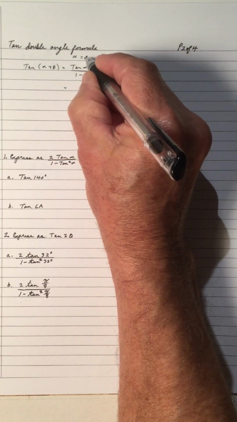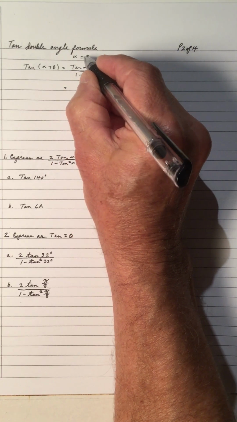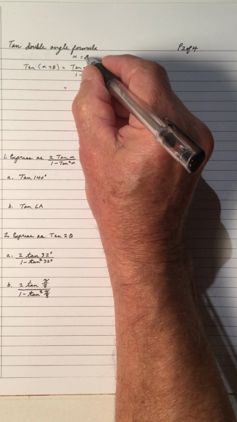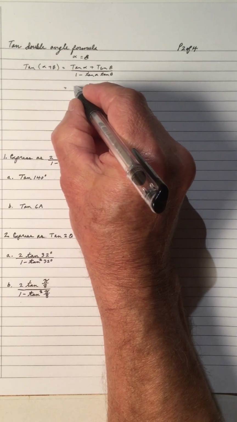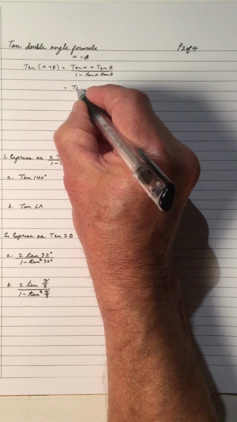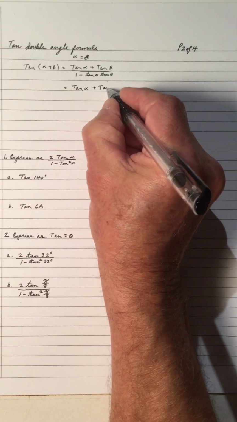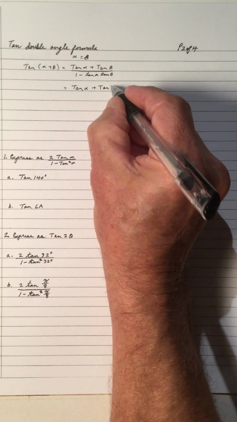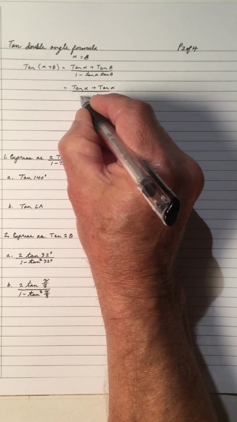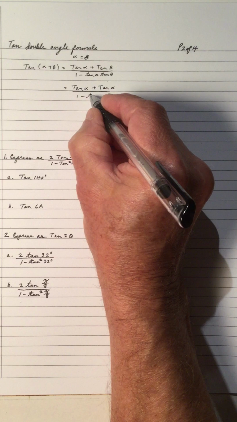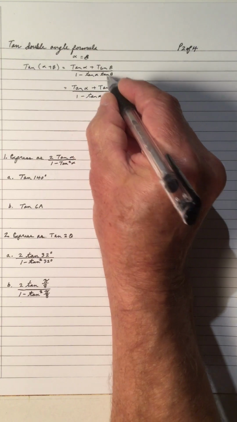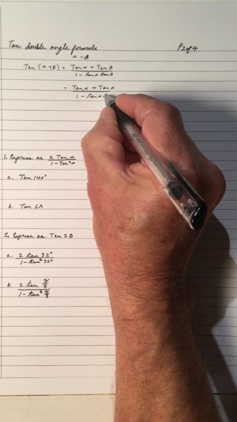But when we let alpha equal beta, then we have tan alpha plus tan alpha, and 1 subtract tan alpha tan alpha, since beta is equal to alpha.